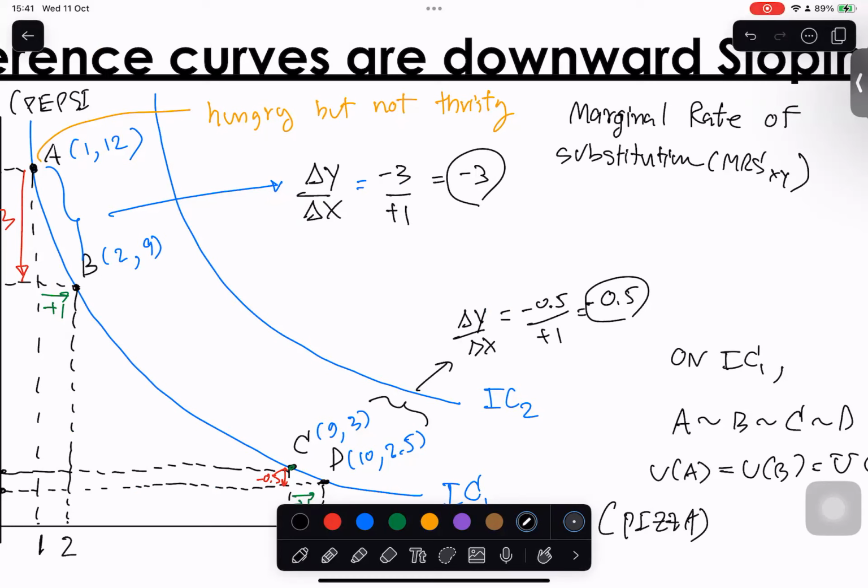Okay. Just the name for this ratio. Change in Y over change in X reflects how this guy is willing to trade one good, here good Y, for another good X.